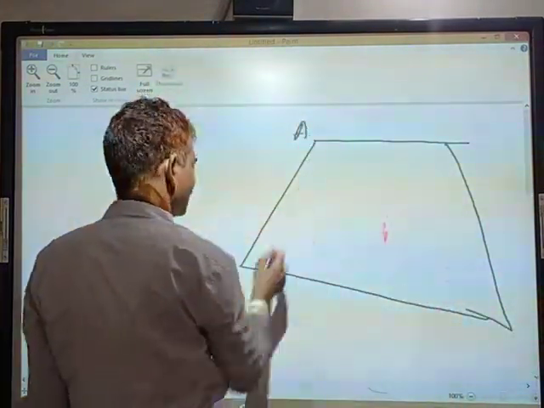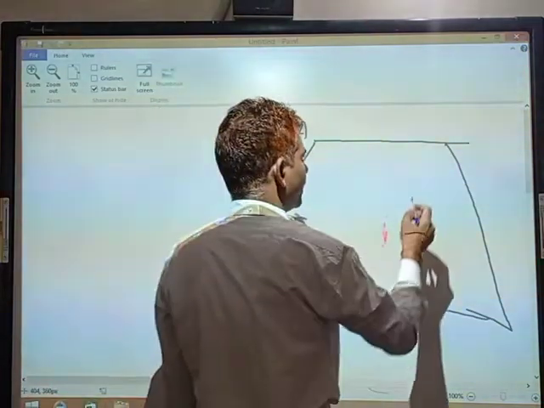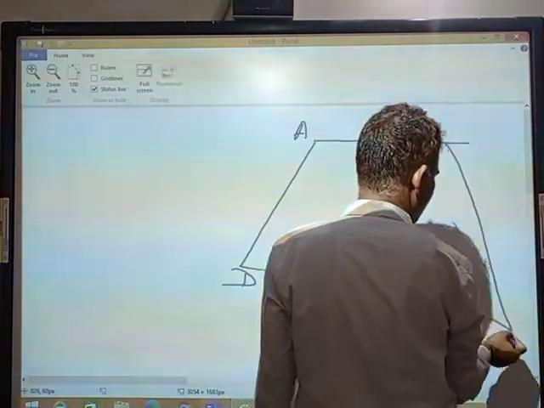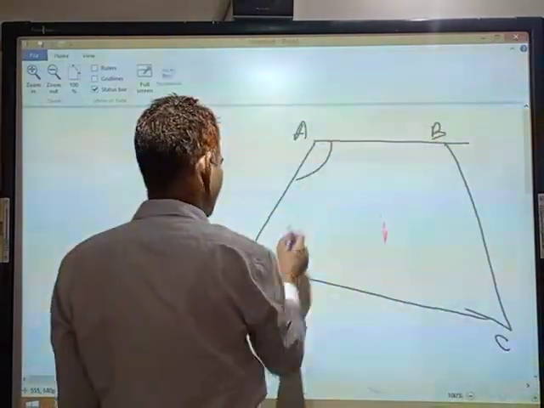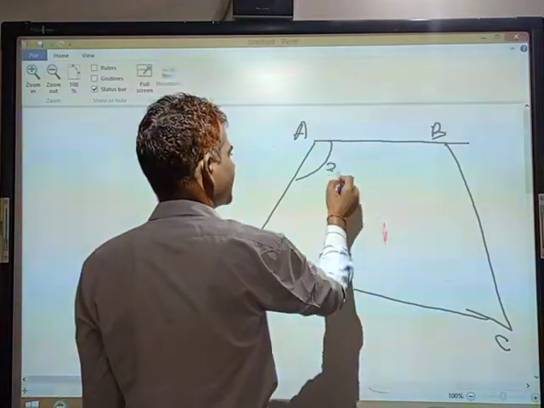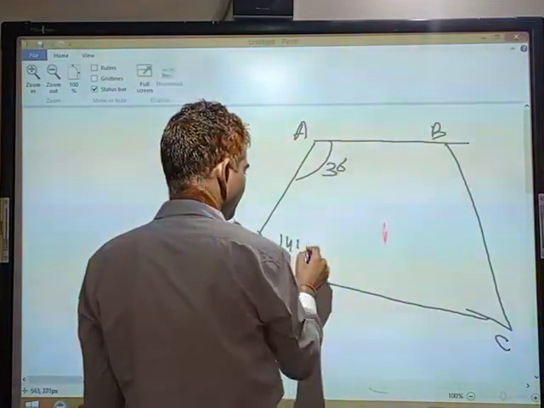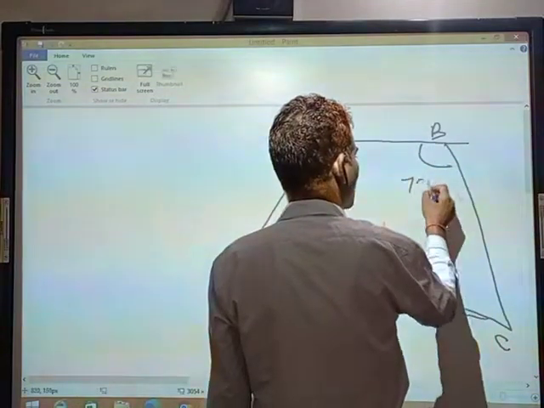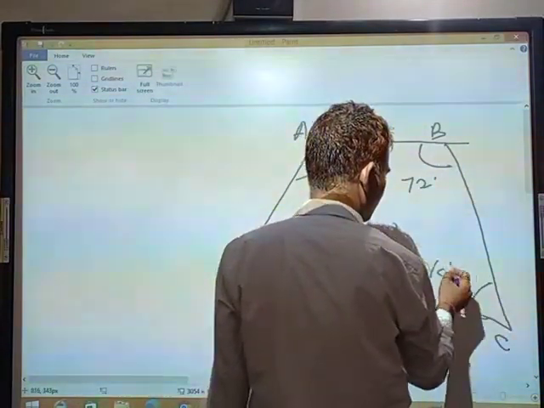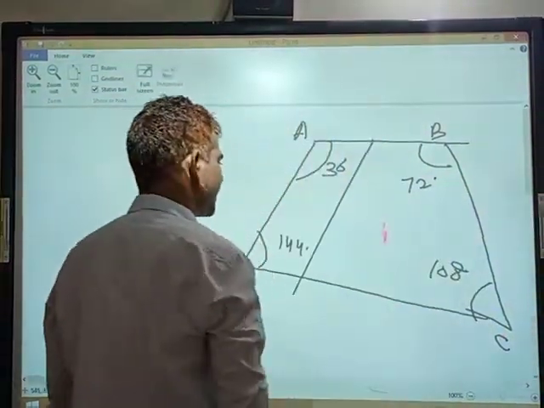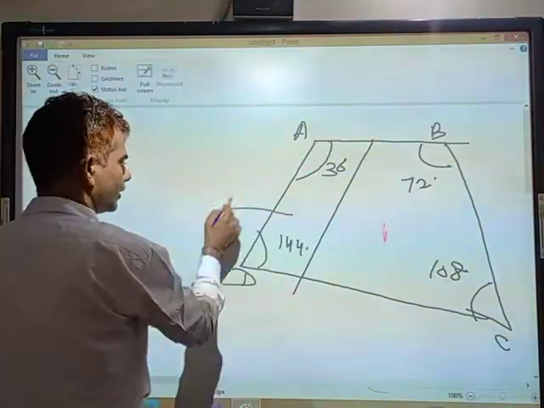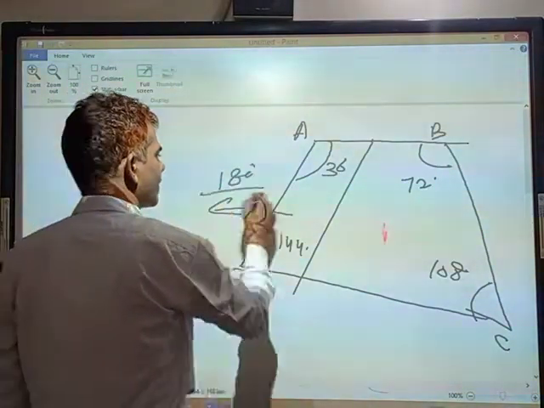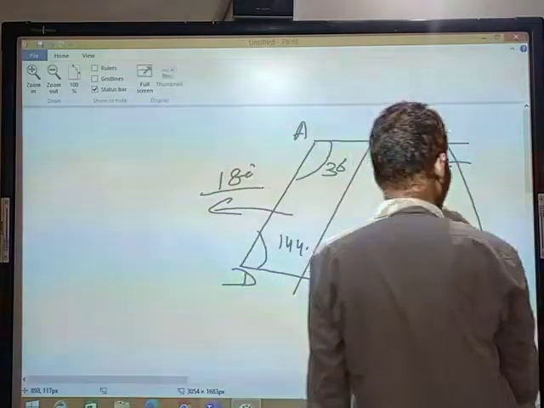What is the sum of angle A and angle D? That is 36 and that is 144, that is 72 and that is 108. Now the sum of these two angles will be 180 and the sum of these two angles will be 180.